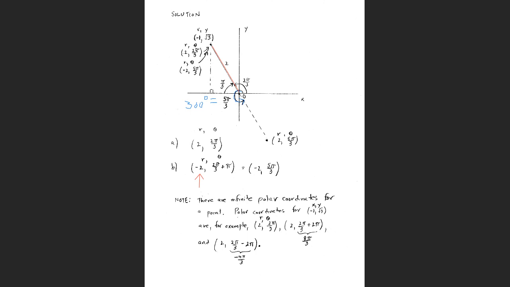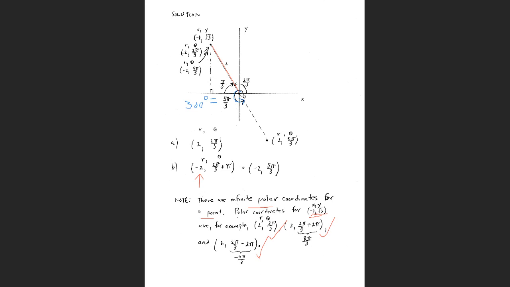So this is a nice example for polar coordinates, and I tried to label a lot of things on the diagram to help you get a feel. This means there are infinite polar coordinates for a point. Here are some other polar coordinates that would work for the Cartesian coordinate -1, √3.